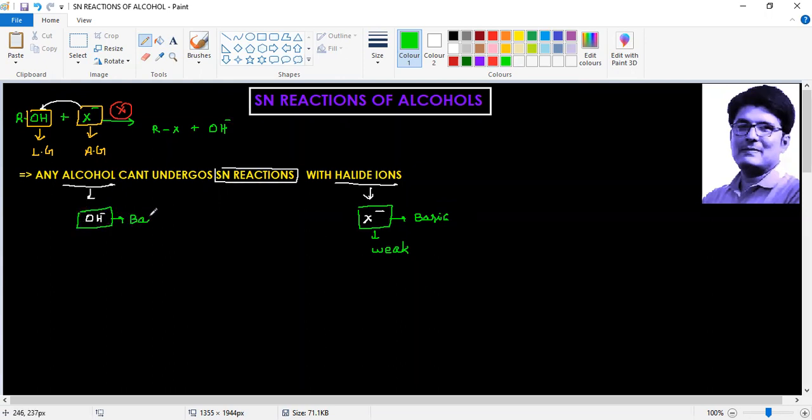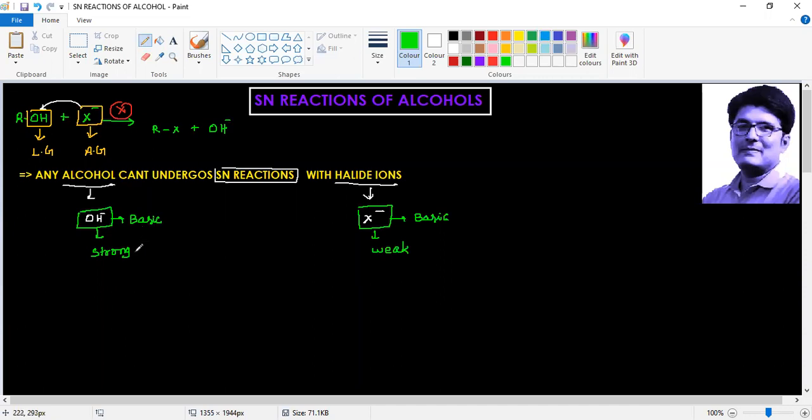Obviously, a strong one cannot be replaced by a weak one. Always the weak one can only be replaced by the strong one. Likewise, here OH minus is strongly basic.